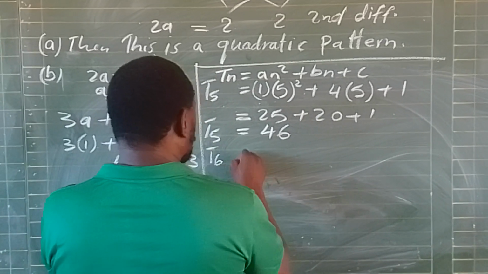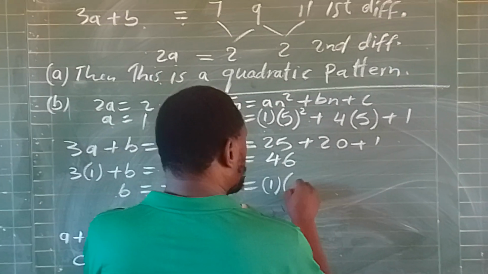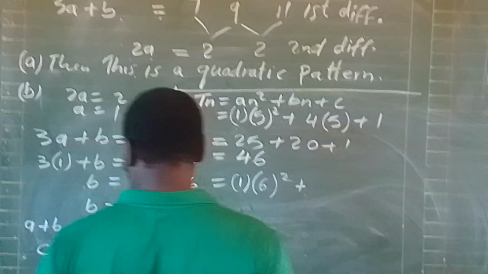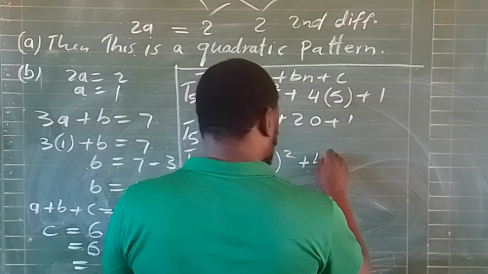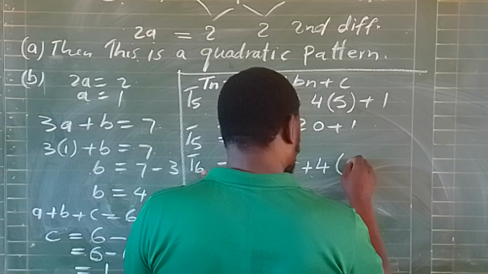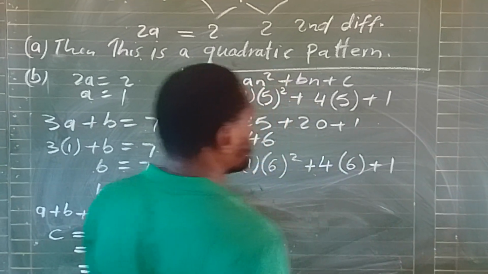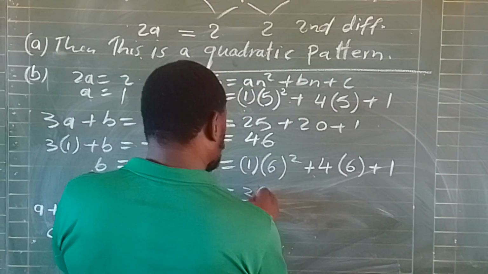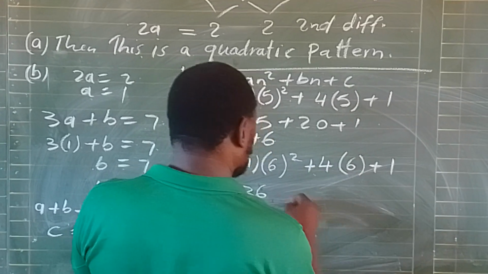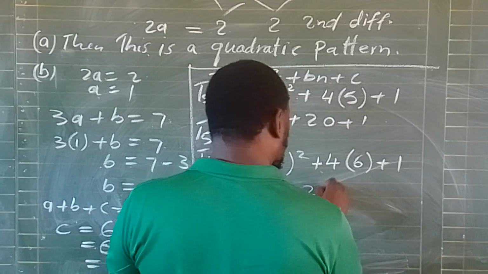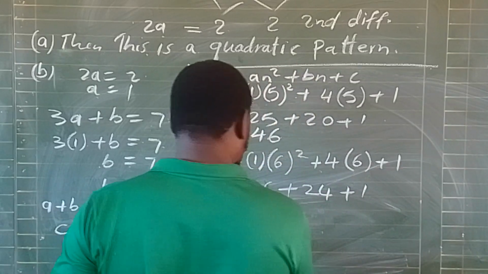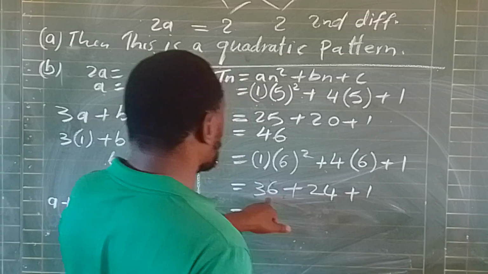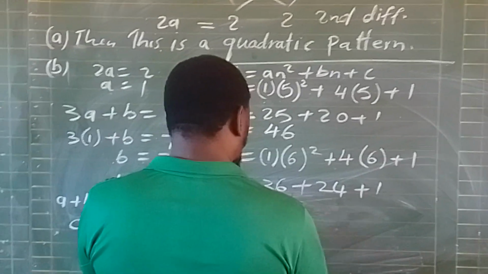Then term number 6 is going to be 1 multiplied by 6 squared plus b. Your b is 4 in this case. 4 multiplied by 6 plus c. Your c is 1. Then 6 squared is 36. 4 times 6 is 24, plus 1, which is 36 plus 24 is 60 plus 1 is 61.